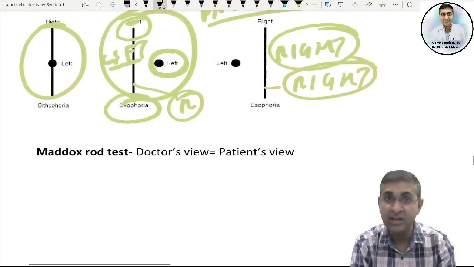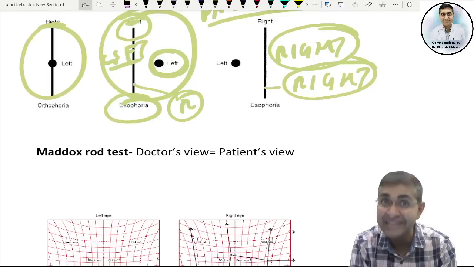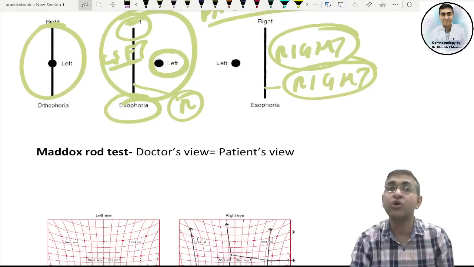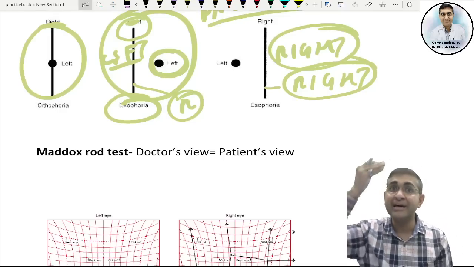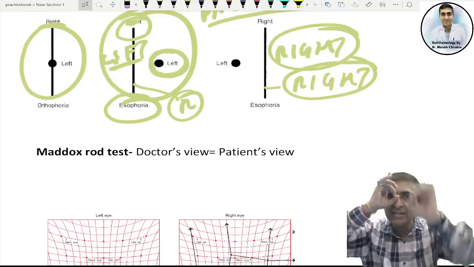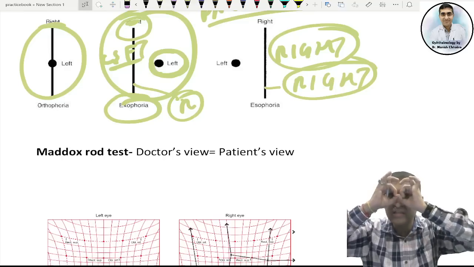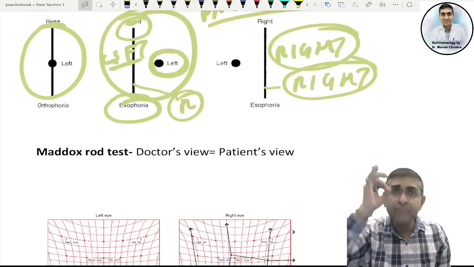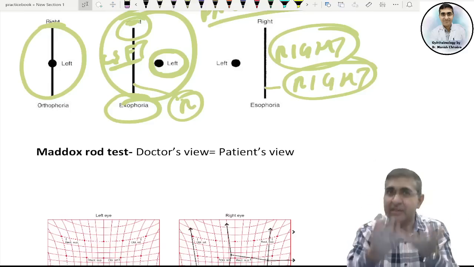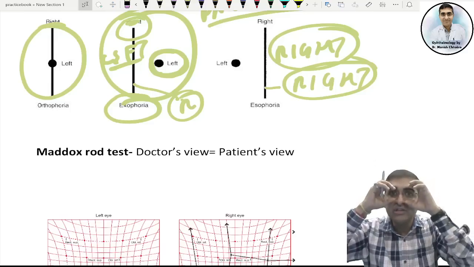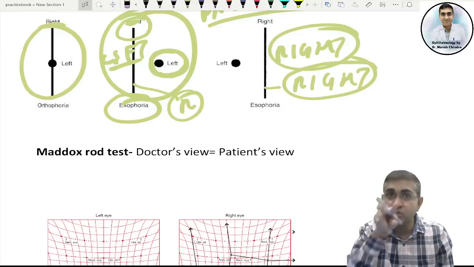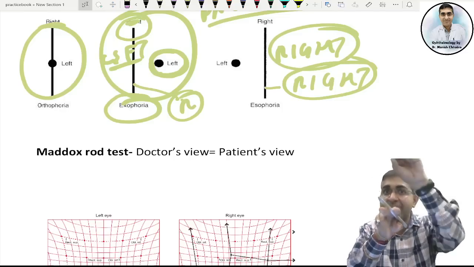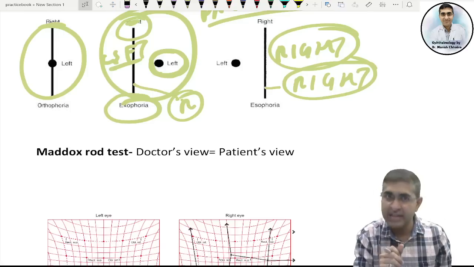The same thing applies to the Worth 4 dot test, and the same Worth 4 dot test was asked in your recent exam. I'm sure that you know that the red filter is placed in front of the right eye and the green filter is placed in front of the left eye. Let's suppose red and green filters are placed and the patient is shown the Worth 4 dot test, in which 2 green dots, 1 red dot and 1 white dot are there.